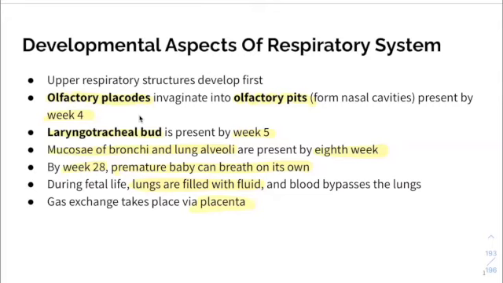So we get that oxygen and carbon dioxide exchange in the placenta instead of the lungs. That's why the heart pumps, but that's where the foramen ovale comes into play, because we don't need to pump blood for oxygen from one side of the heart to the lungs, back to the heart, and out to the body. We pump blood to the placenta instead.